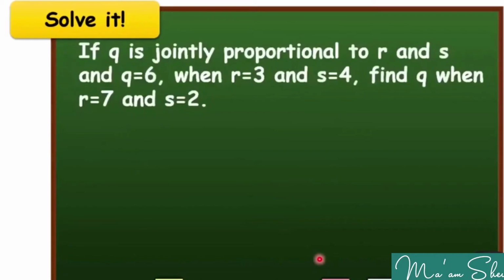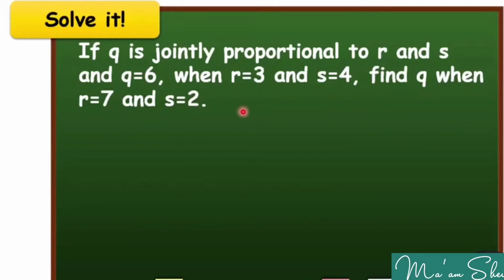Now, let us try another problem. So, if Q is jointly proportional to R and S, and Q is equal to 6 when R is 3, and S is equal to 4, find Q when R is equal to 7 and S is equal to 2.